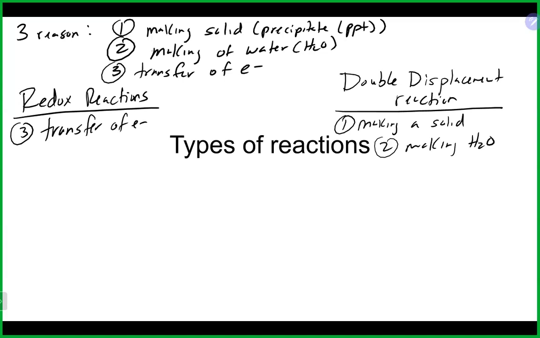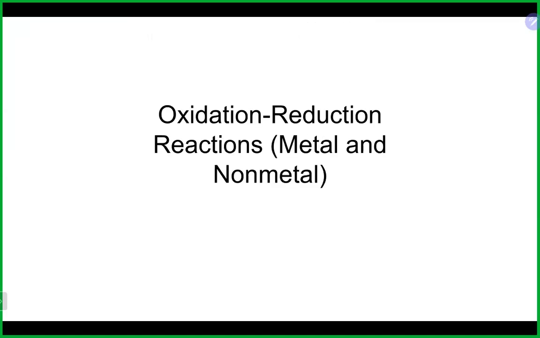So let's start with redox reactions and what that means. Oxidation reduction reactions are redox reactions, and redox is the shorthand for oxidation reduction. And what does that mean? It means essentially if something is going through oxidation, one of the definitions is it will lose electrons.